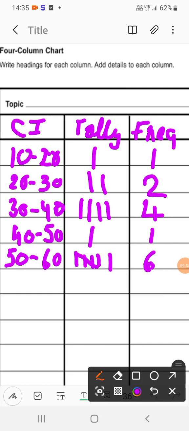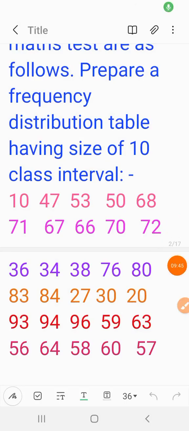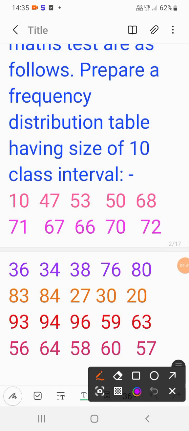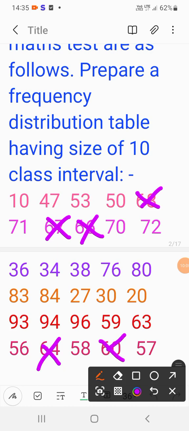Now we have to find the tally between the class interval of 60 to 70. So the numbers between 60 to 70 are this one, 68, 1, and then 2, 3, 4, 5, 6.